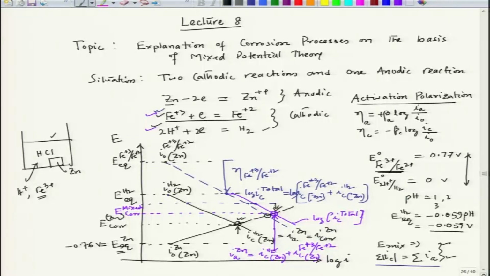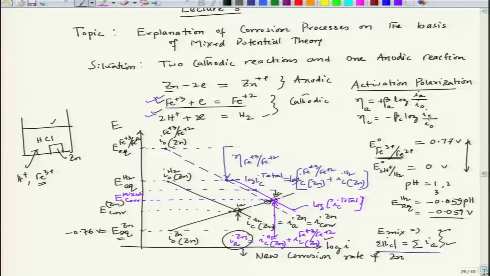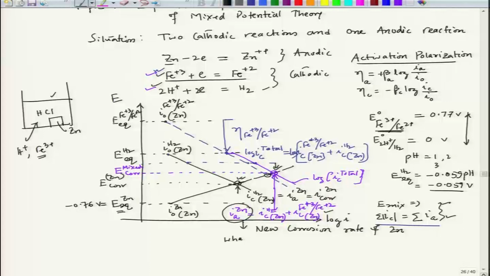So, that means the corrosion rate of zinc has increased and the criteria for the mixed potential theory is also met. And now, I a zinc is nothing but the new corrosion rate of zinc when Fe plus 3 is there.